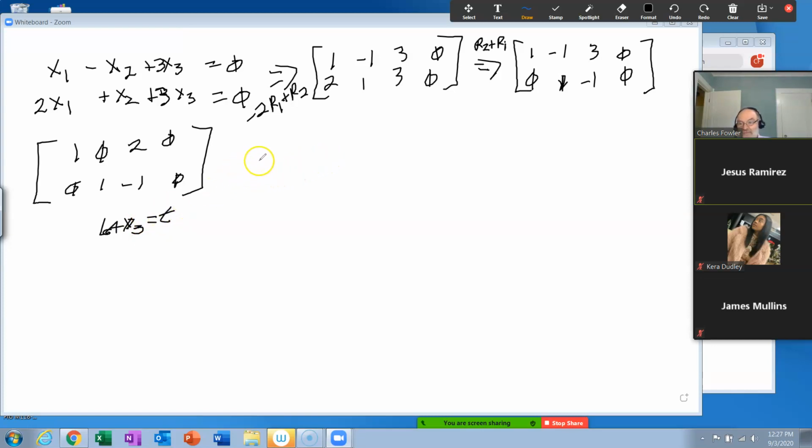So then we can write this down. X sub 1 plus 2t is equal to 0. So all you have to do is subtract 2t from both sides, and that gives you x sub 1 is equal to minus 2t.